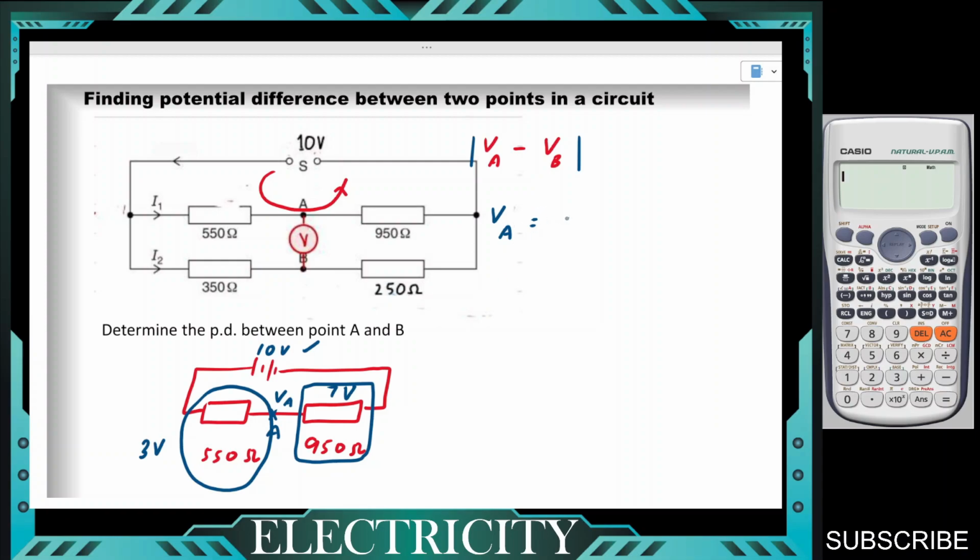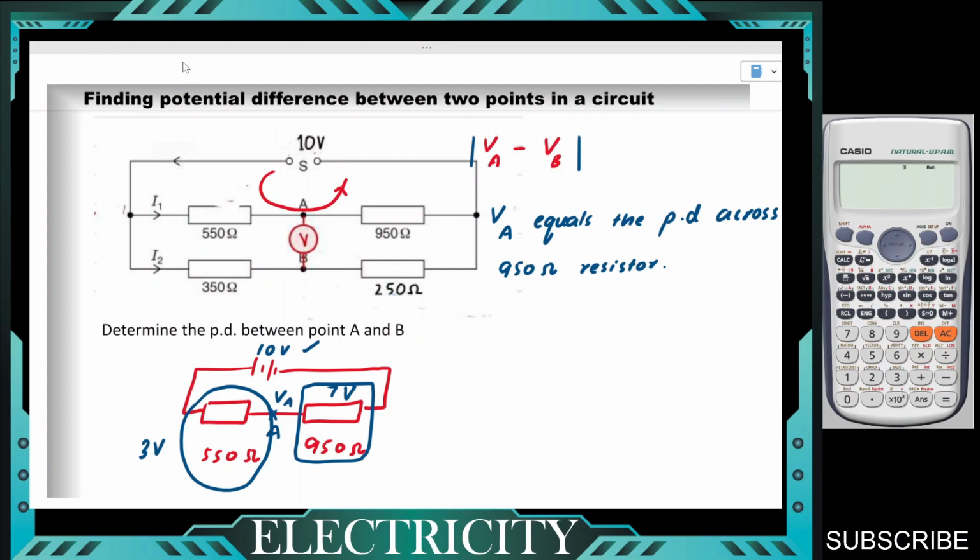So the voltage at A equals, just let me write over here, a very important step, you can just note it down, equals the potential difference across the 950 ohm resistor. You can call it R2 if you want, but the voltage at A, or the potential at A, equals the potential difference across the 950 ohm resistor.